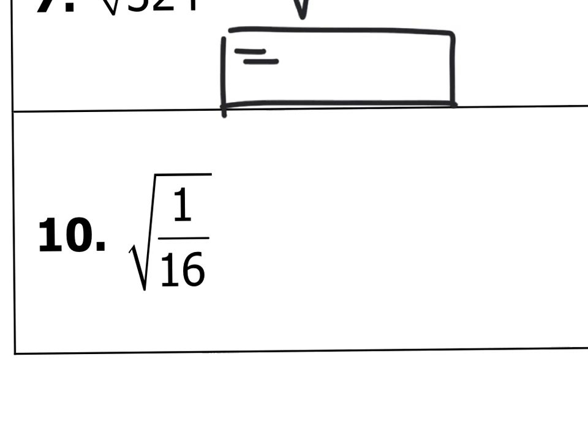So when we have a square root over a fraction, this is equivalent to saying the square root of 1 divided by the square root of 16. So what do I know about the square root of 1?